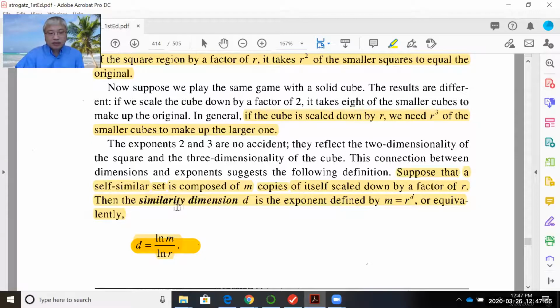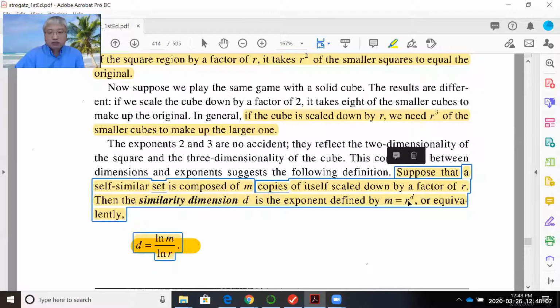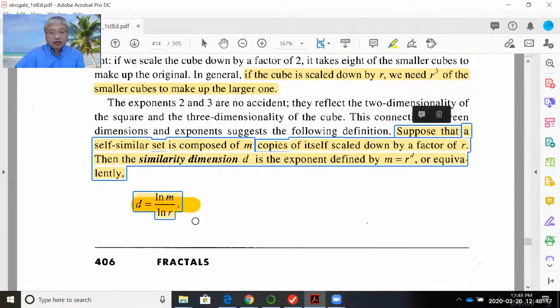Suppose that a self-similar set is composed of M copies of itself scaled down by a factor of R, then the similarity dimension D is defined by this relationship, and therefore D is log M over log R. Now using this rule, if we have a straight line and cut it in half, we get 2 pieces.